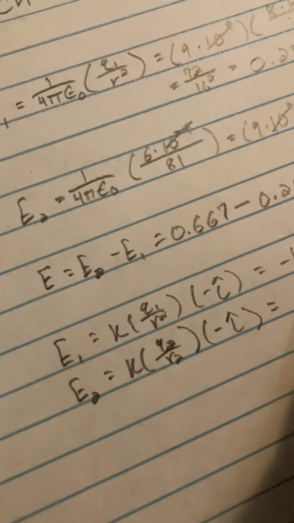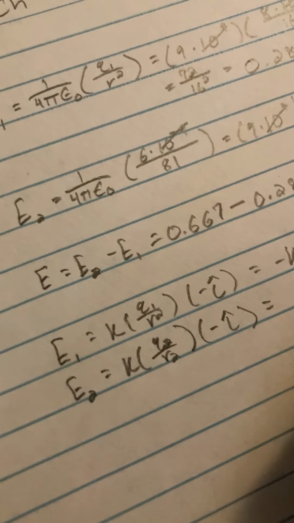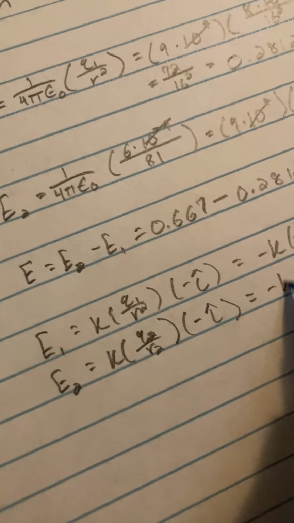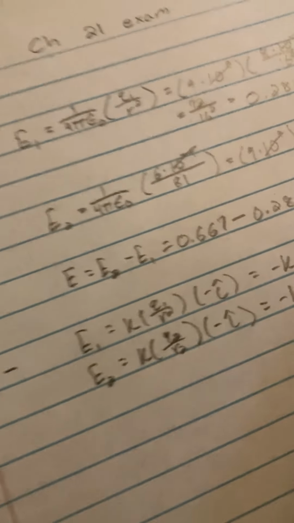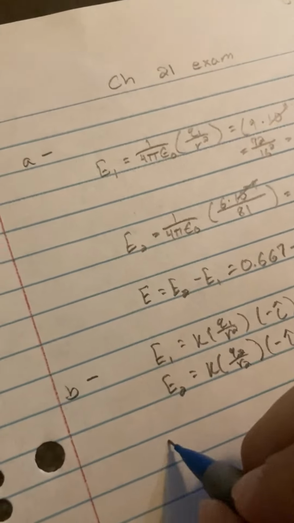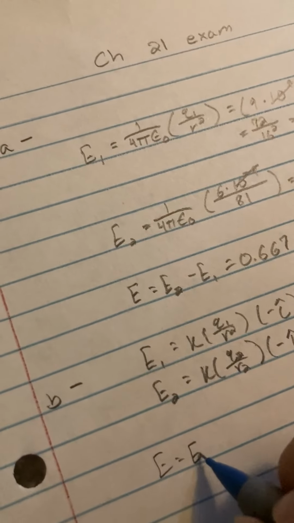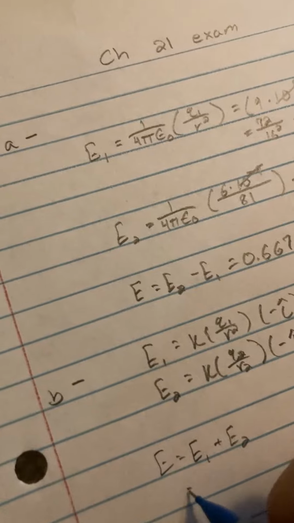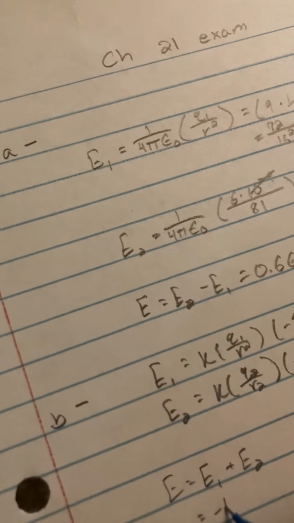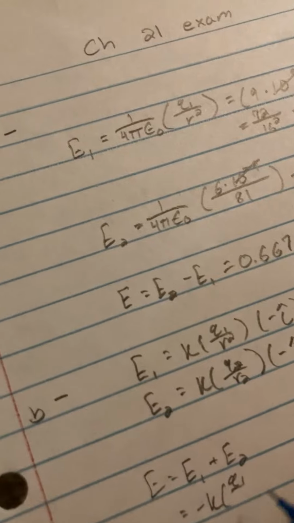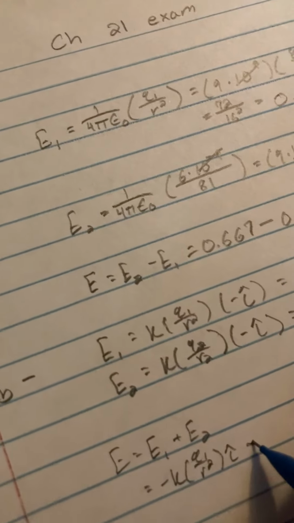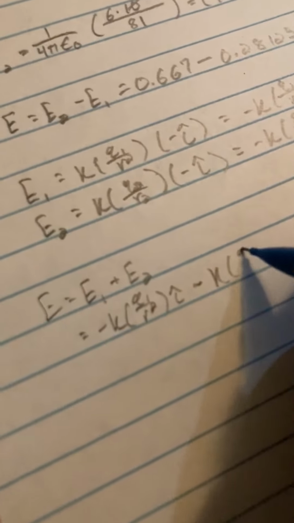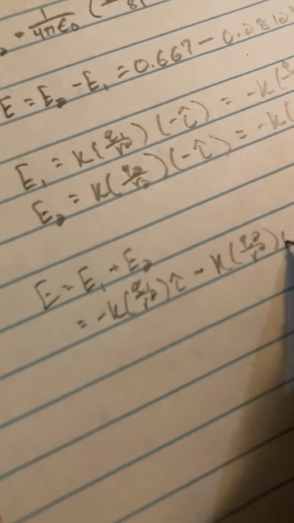So we have negative K Q1 over R squared i, negative K Q2 over R squared i. So now we know that E is equal to E1 plus E2, which will be equal to negative K of Q1 over R squared i minus, because it's negative, K times Q2 over R squared i.